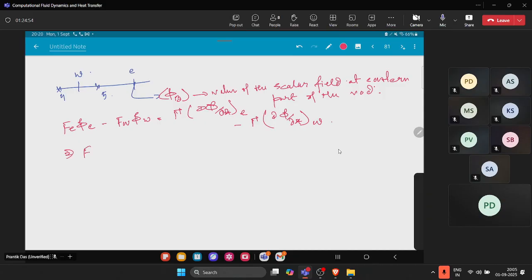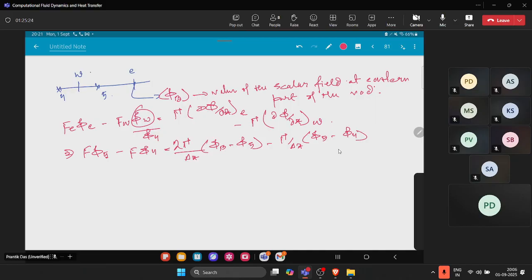Then this becomes F of phi. Since F e and F w are equal, we can directly use it. And the phi of small w equals phi of 4. So F of phi 4 is equal to 2 gamma by delta x times phi b minus phi, minus gamma by delta x times phi minus phi.